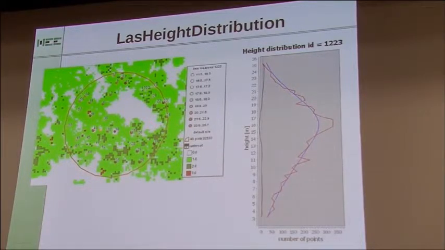As you can see here, we have the dots. The dots are the mapped trees from the field survey. As you can see, the result of the vegetation structure is very coherent with the map of the field survey, because where we have high and small trees, we find the 2 layers of different vegetation.